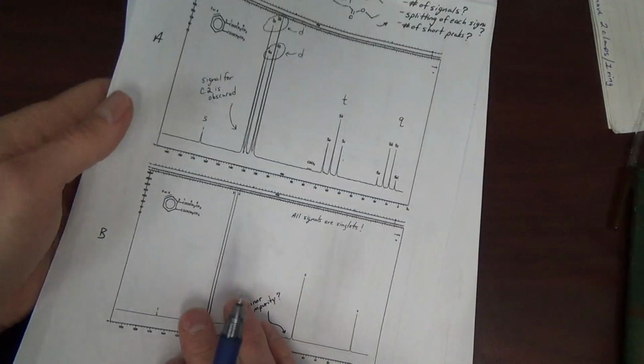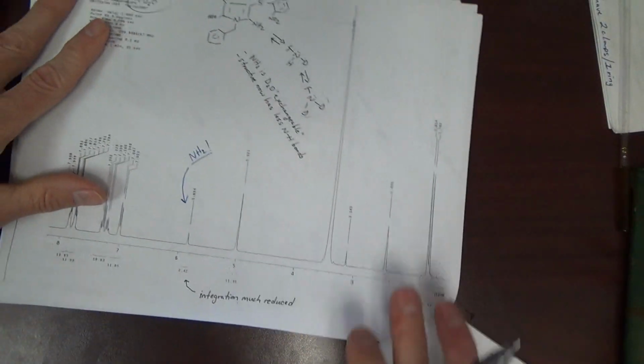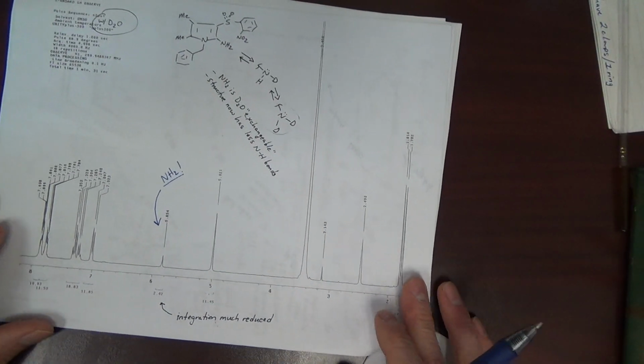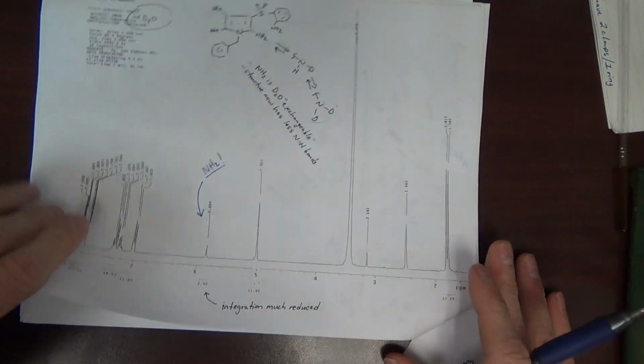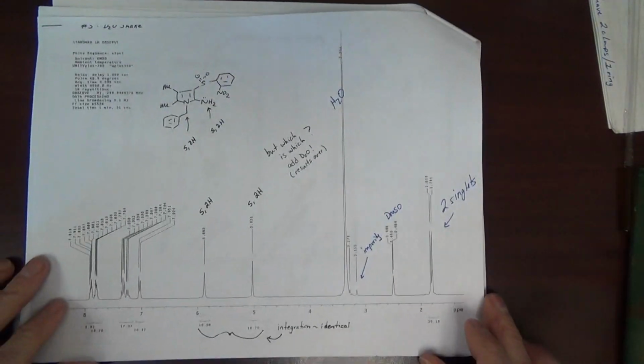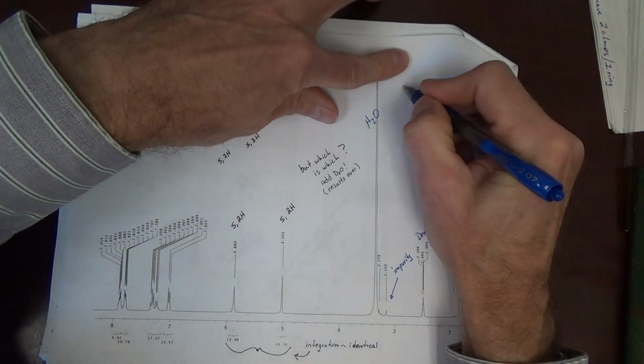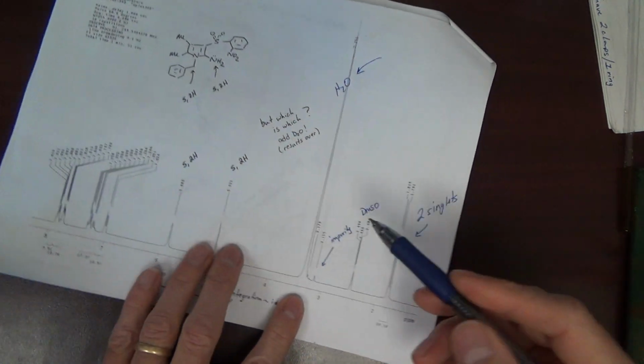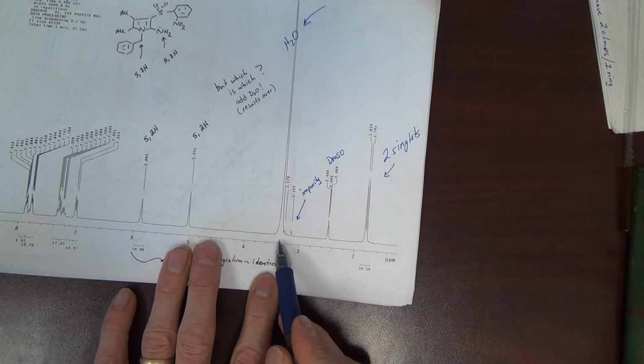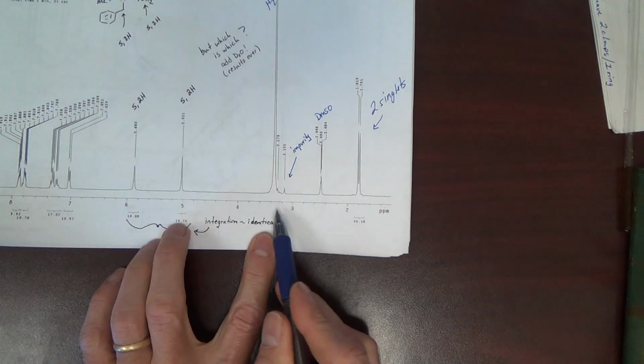But you will see a water signal in the proton NMR. At least a real one. Here was a real one back over here. The first one, remember the D2O shake? Cut off up here. But here is your water signal. It's about 3.3 ppm.